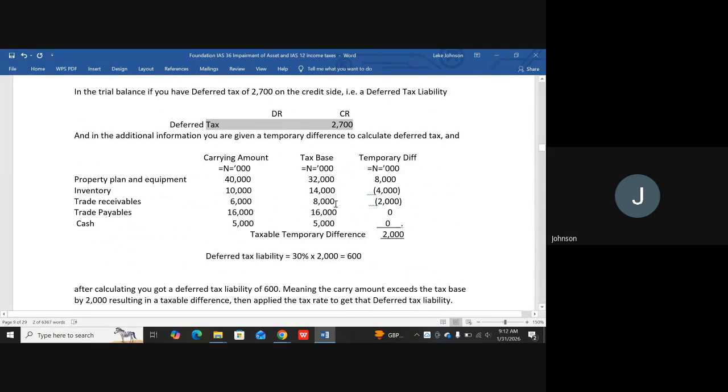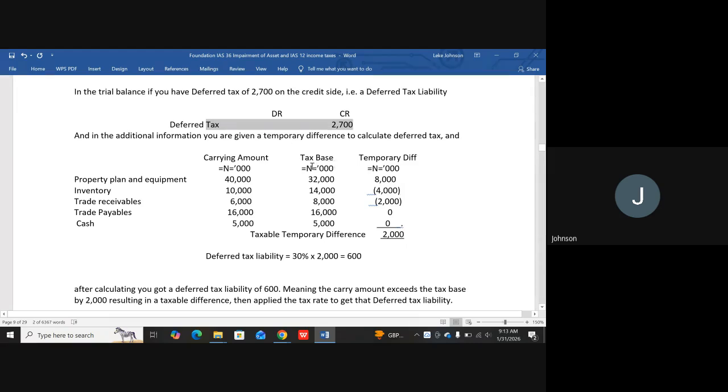We can always calculate our difference at every year, because depreciation is always going to be charged every year. Every year you must have a new carrying amount, and every year you must have a new tax base. So all these figures were given to us. We only needed to check the temporary differences on it.